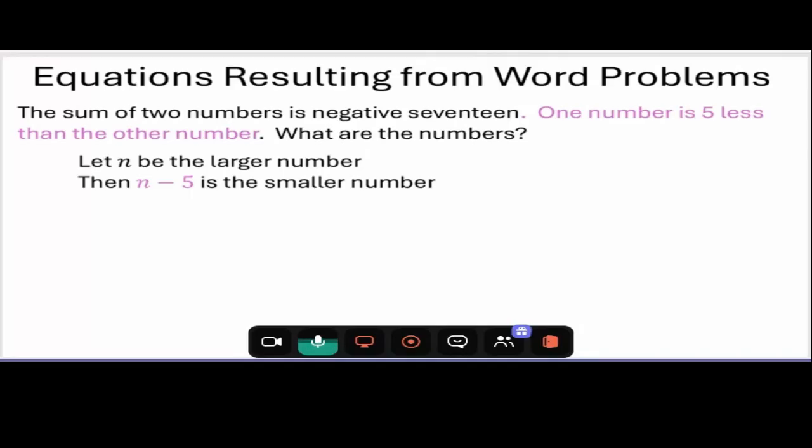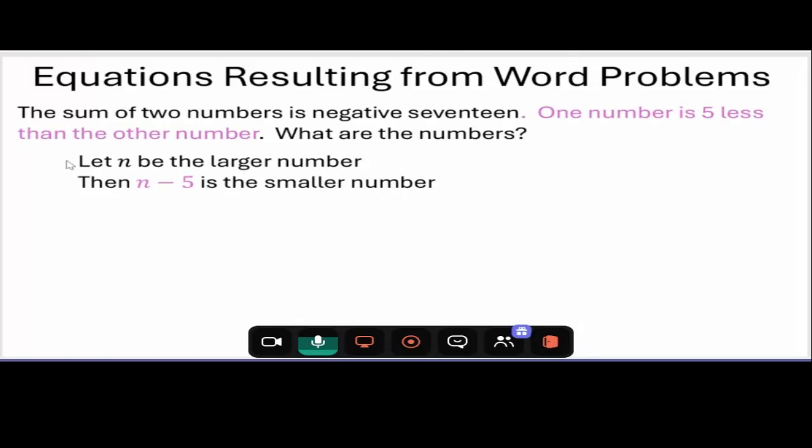You could have totally reversed this and let n be the smaller number, then n plus 5 is the larger number. You will get the same answer. Your n will be different, but that's okay because we're going to solve for n as the larger number, right? Because that's what we said n is. If you did it the other way, you would solve for n as the smaller number. You're going to get the same answer of the 2 numbers regardless.